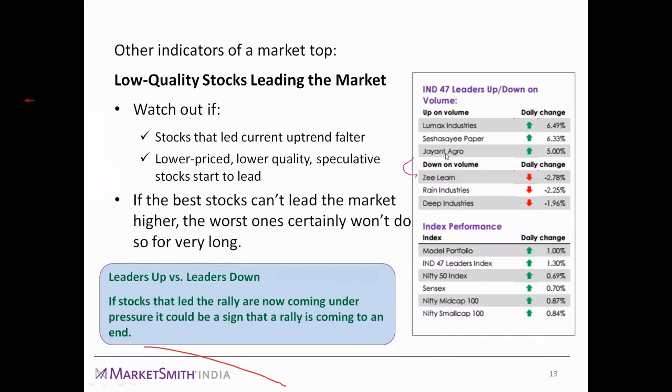Because it consists of the market leaders, you get to see which market leaders are going up and which are going down. So you will get a rough idea of how that particular sector is performing, and what's in store for that industry or sector.